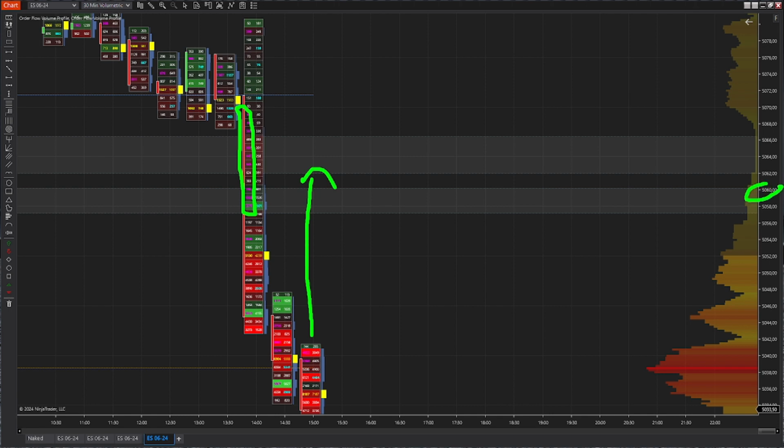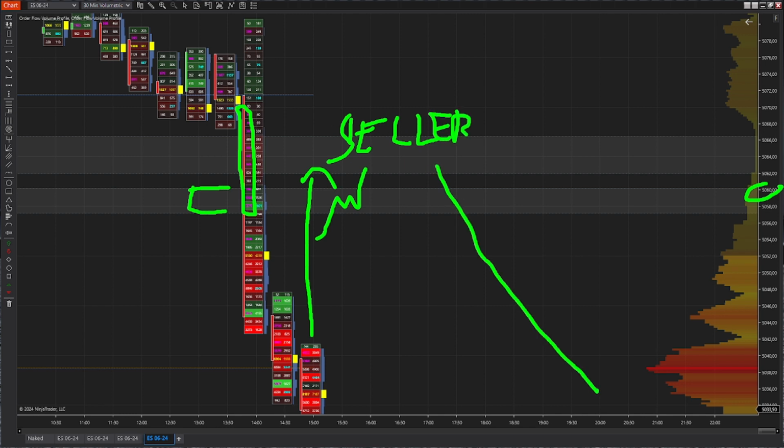The 50-60 area. This is where the selling starts. We can make an attempt here. We can range a little bit. But here, sellers have to start defending to push the price back down again into this distribution.